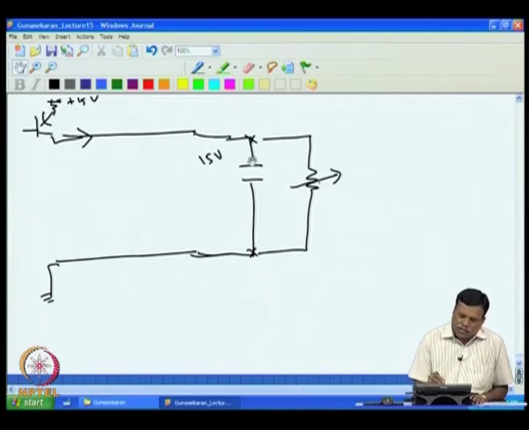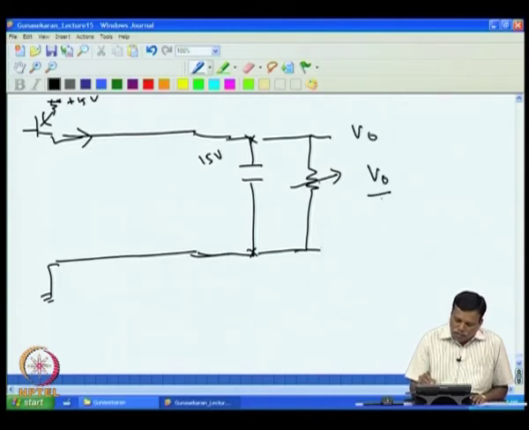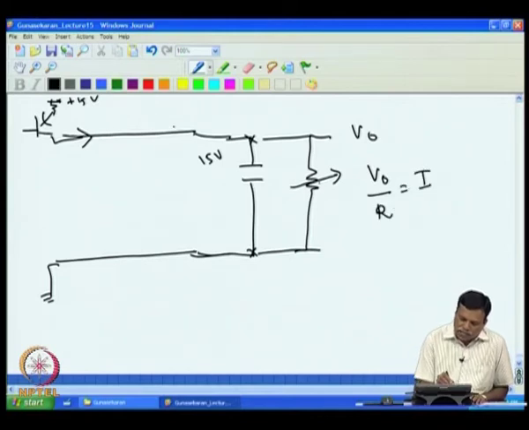So, eventually the voltage across this is given by this resistance and the current. So, the V0 here would be V0 by R, that would be input current I.